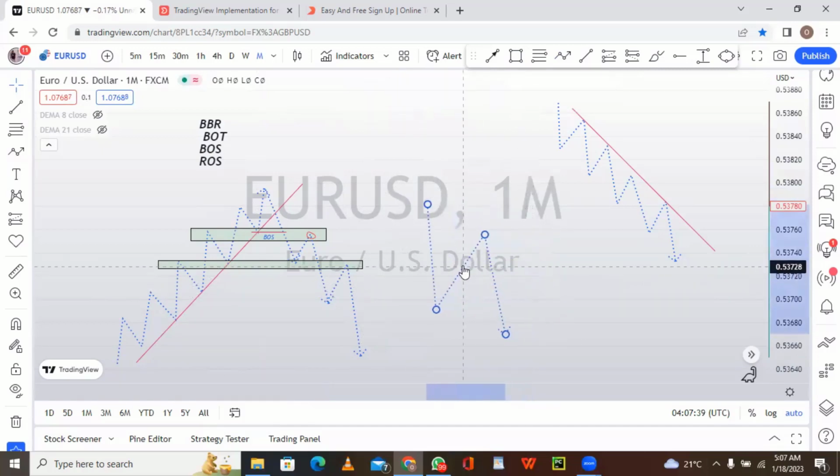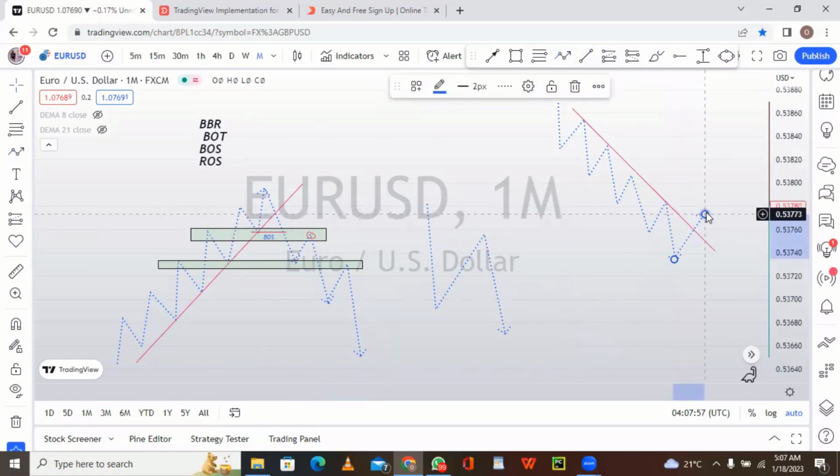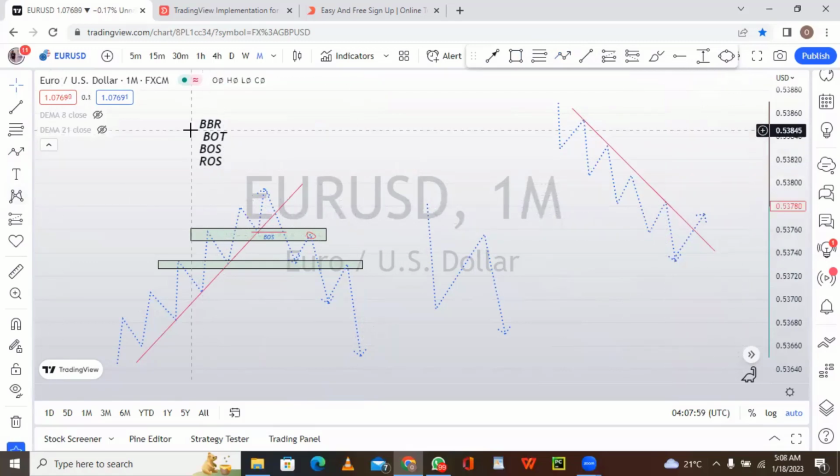Okay, so I will explain the same thing is applicable to that of the bearish market. So the first thing is that the market has to break your trend line. So when you have a break of trend line in this form, you have this.